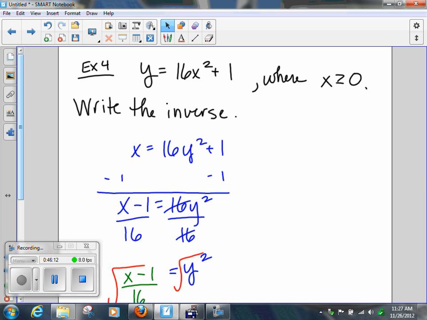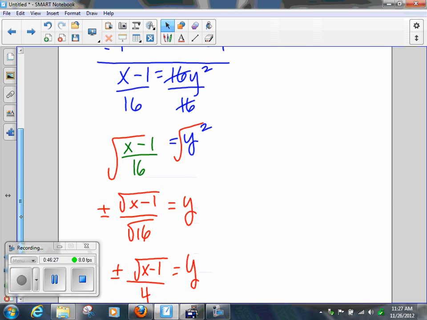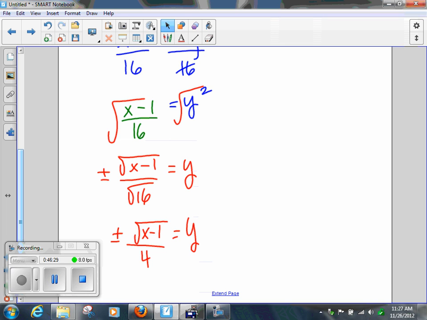Yeah? Okay. Calculator. Not necessarily. No, because why does x have to be greater than 0? Look at what we're given.